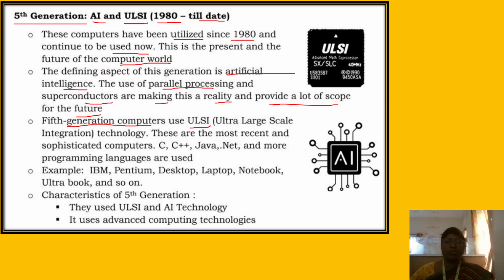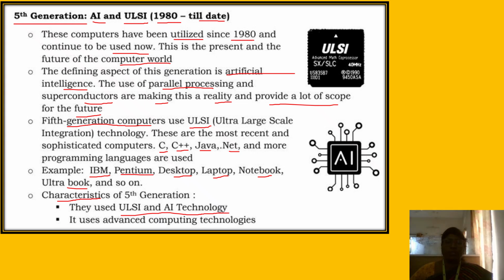These are the most recent sophisticated computers, where languages like C, C++, Java, .NET and more programming languages are used. Examples are IBM, Pentium, desktop, laptop, notebook, ultrabook, and so on. The characteristics of the fifth generation: they use ULSI and also AI technology.